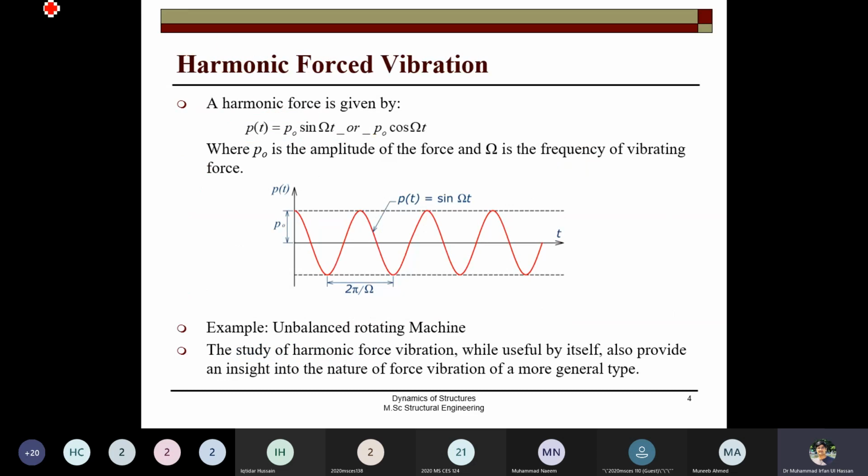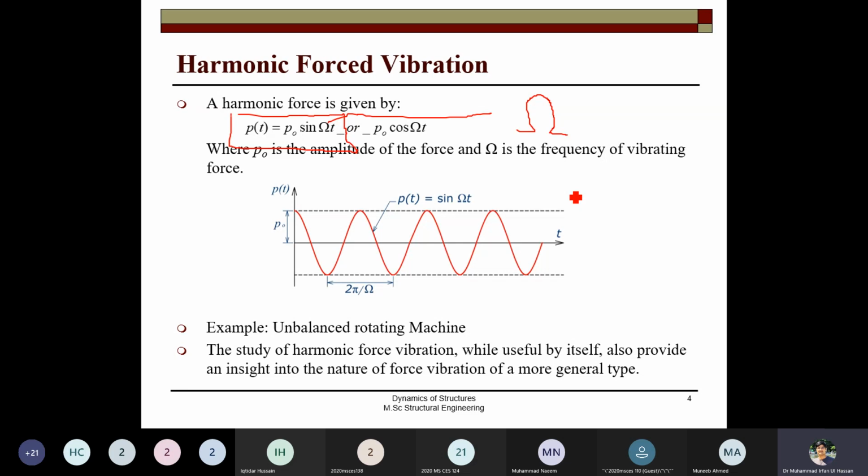How can you represent the harmonic force? I told you that it will be represented by P(t) = P naught sin of omega t. Here the omega is denoted like this in this slide, not in the book, just to differentiate that this frequency is not for the system but for the force.